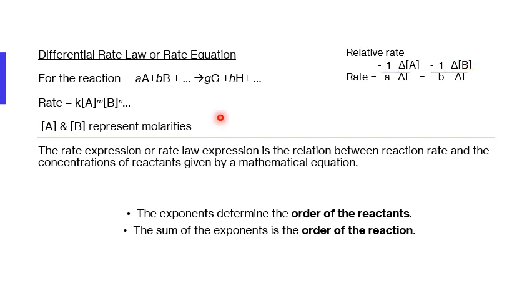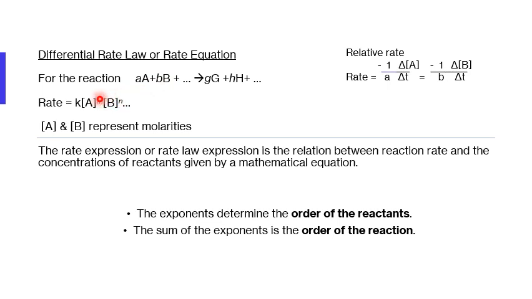Whereas in the rate expression, what we are doing is rate equals a constant k, we call that k the rate constant, times the reactant concentration [A] to the power m, and another reactant, the concentration of [B] to the power n.